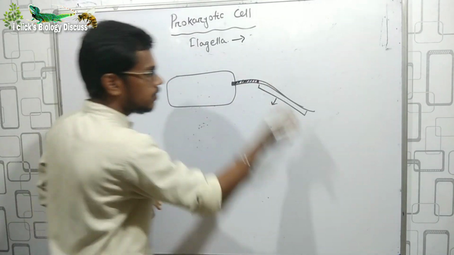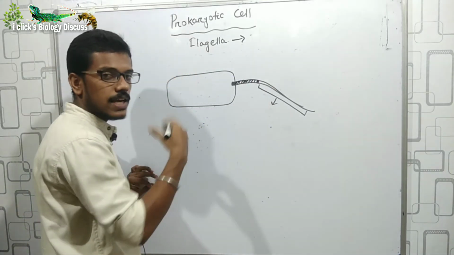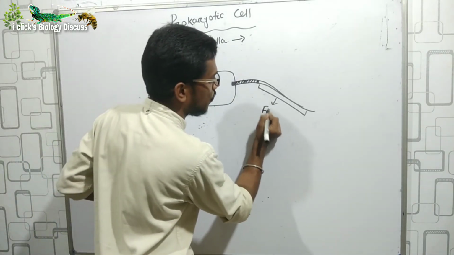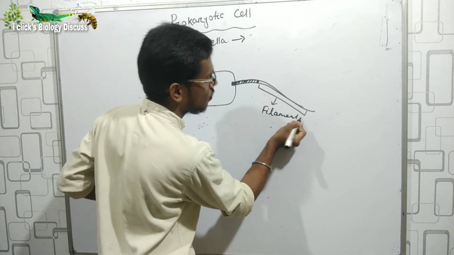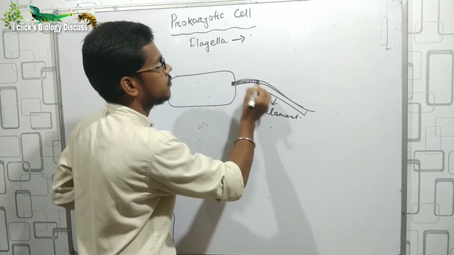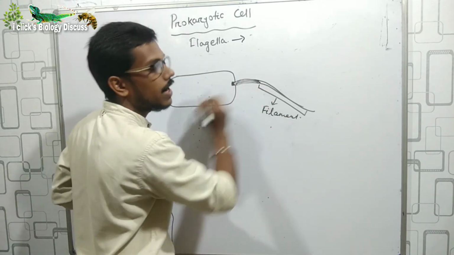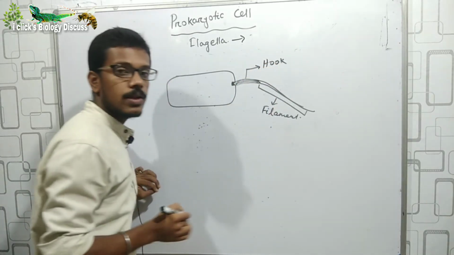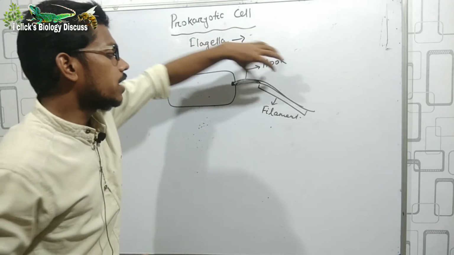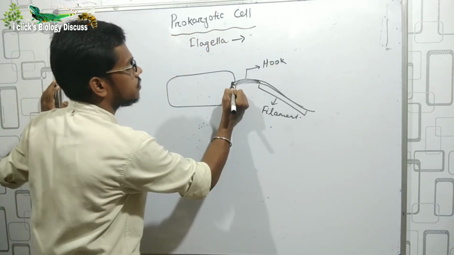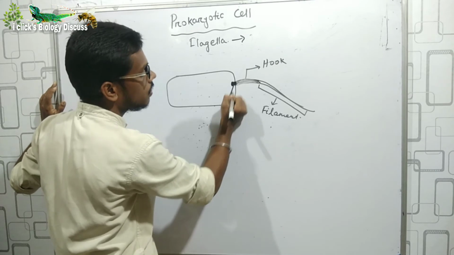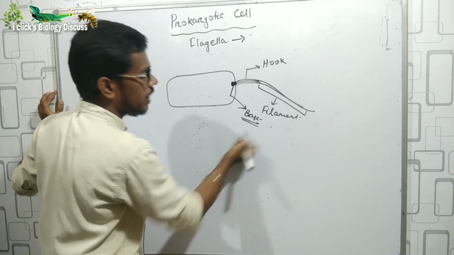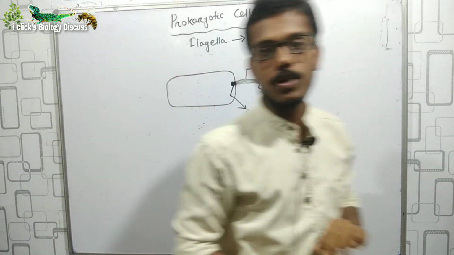The extension of the flagellum to the outer environment is called the filament. The core or bending part is called the hook. What is the function of the hook? It connects the filament with the base, and the base is connected with the plasma membrane.